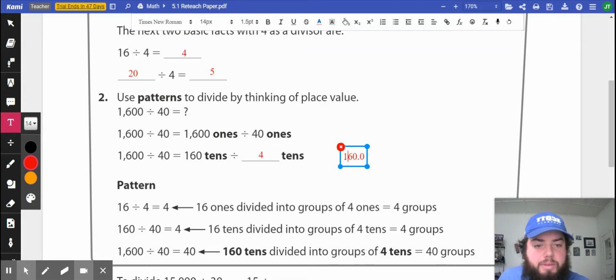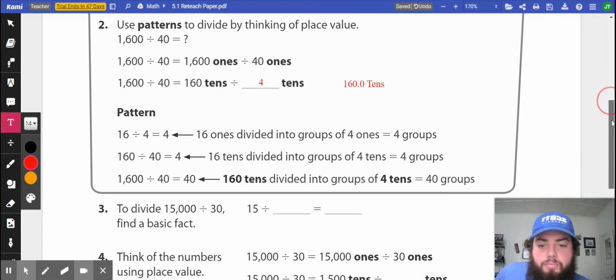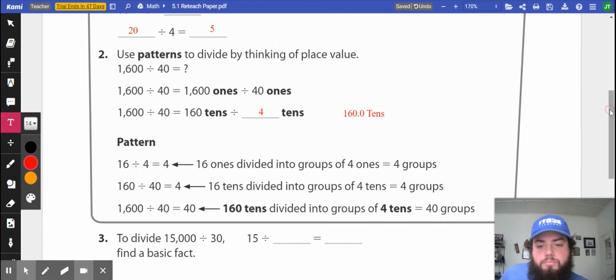Take our comma away, so that makes sense. And then instead of ones, that's just tens. Just remember that you have that tens there, so you remember to move that decimal point back when doing other problems.